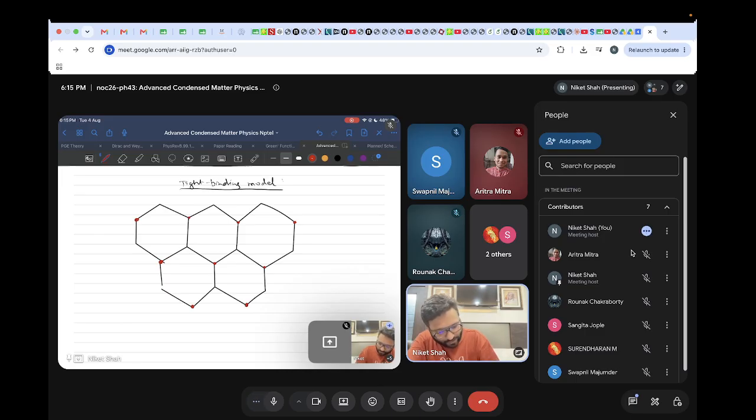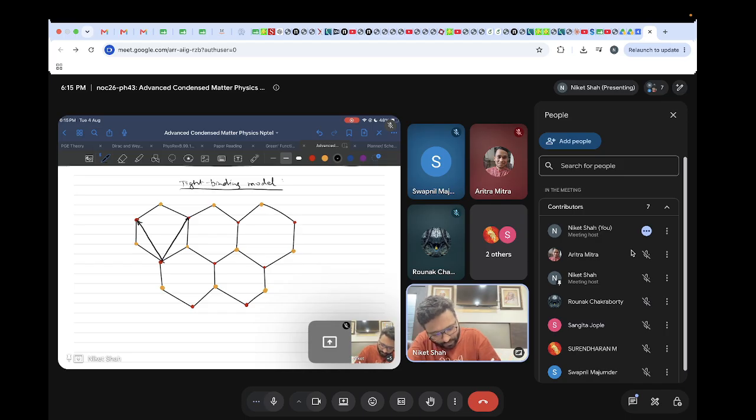And then I'll mark the second kind with yellow dots. The lattice vectors are of this form.